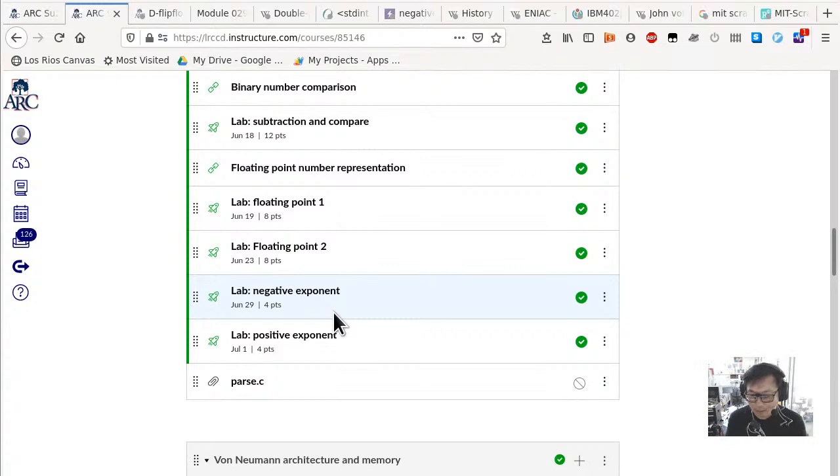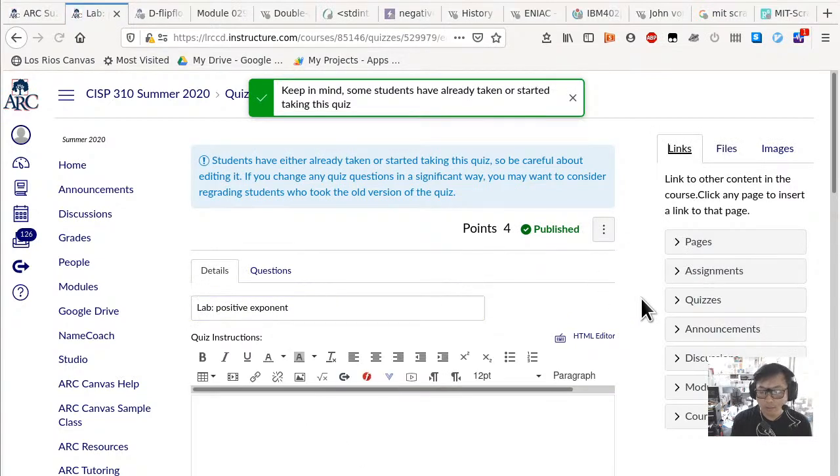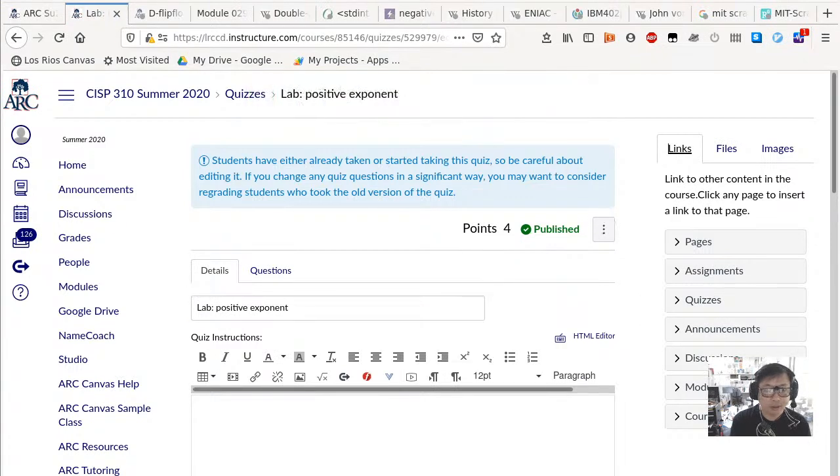Okay, and Catherine is typing something. Yeah, I can give you one of the test values, the one that I just worked on in the spreadsheet. Oh, you know what? I can do better than that. Positive exponent questions.